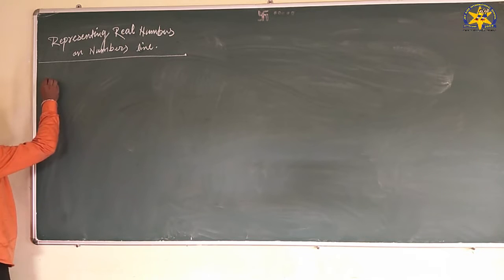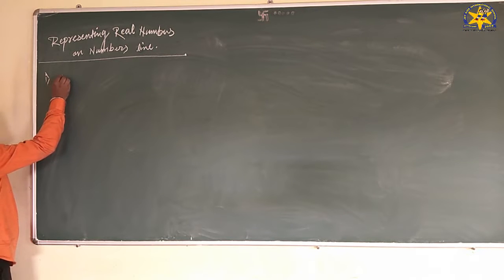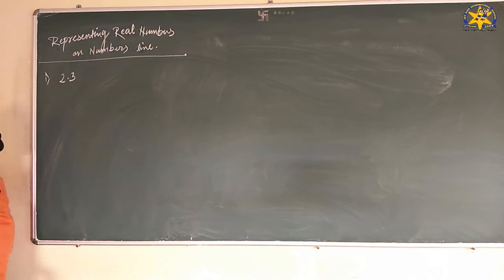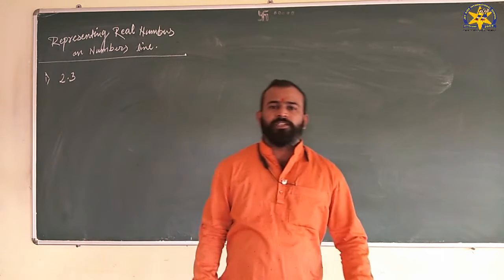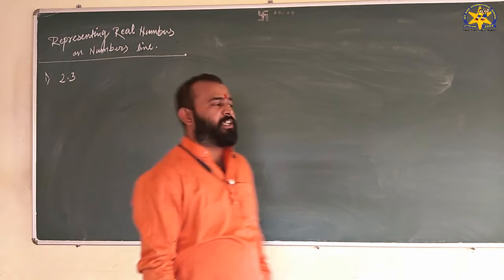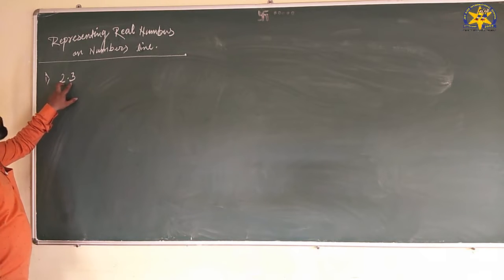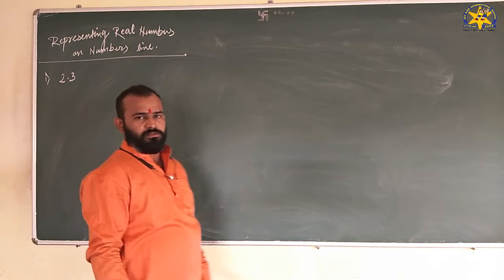See here, it's very easy. You have learned this type of question in lower standards. Suppose I am taking a very easy example, 2.3. In earlier classes we have seen how to represent 2.3 on the number line. What were we doing? We were searching between which two whole numbers 2.3 lies.